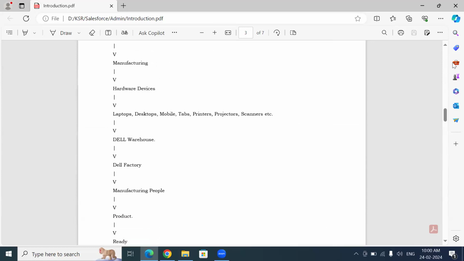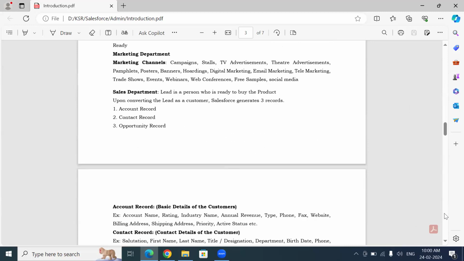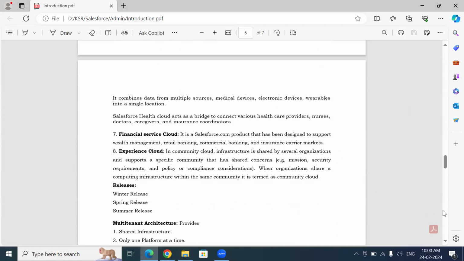Next, we will discuss what CRM is and the basic CRM lifecycle, as well as what the various products offered by Salesforce are. We will discuss that in the next session.